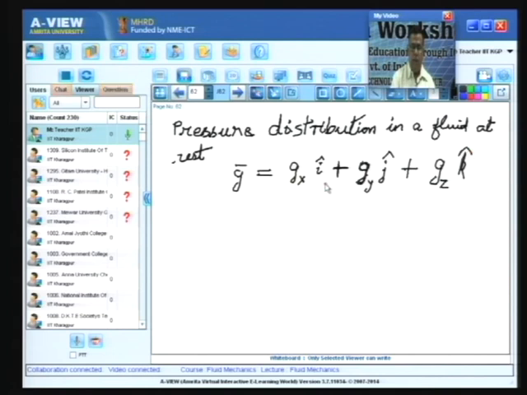The components g x, g y, g z will depend on the choice of the coordinate system.